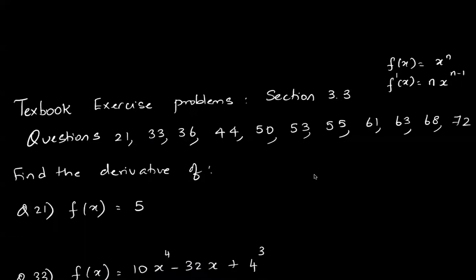So what this says is that the derivative function is nothing but the original power multiplied by the variable raised to the power of one number less in the power, right? So the power drops down by 1 when you take the derivative. So this is the idea, and this is what we are going to use on all of these problems here.